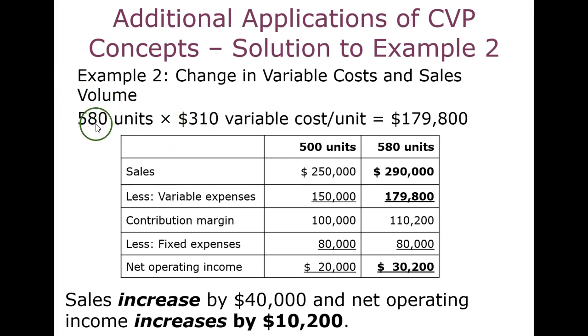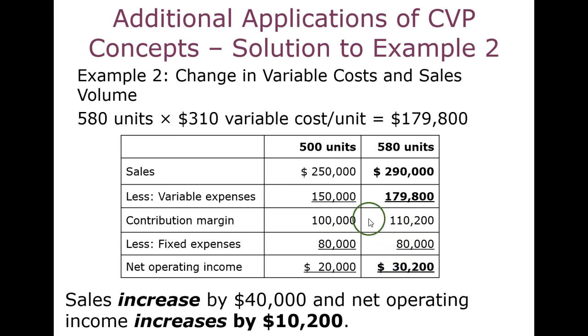And 580, the new number of units, our total variable cost, $179, drops into here. Our fixed cost did not change. Contribution margin goes up, and so our bottom line goes up. And since the fixed expenses did not change, then whatever increase we have in contribution margin will hit the bottom line.